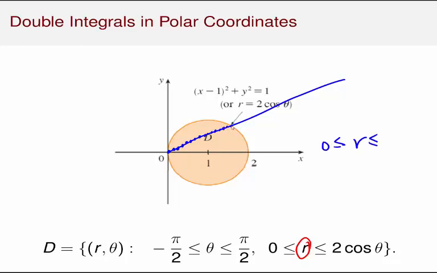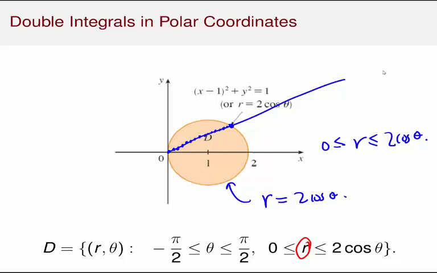until we reach the boundary of the region D, because beyond the boundary the points will not be inside the region D. So the longest distance on this ray is when the variable r reaches the boundary curve, but that is precisely when r is equal to 2 cosine theta. Remember, the equation r equals 2 cosine theta is the equation representing the boundary curve.